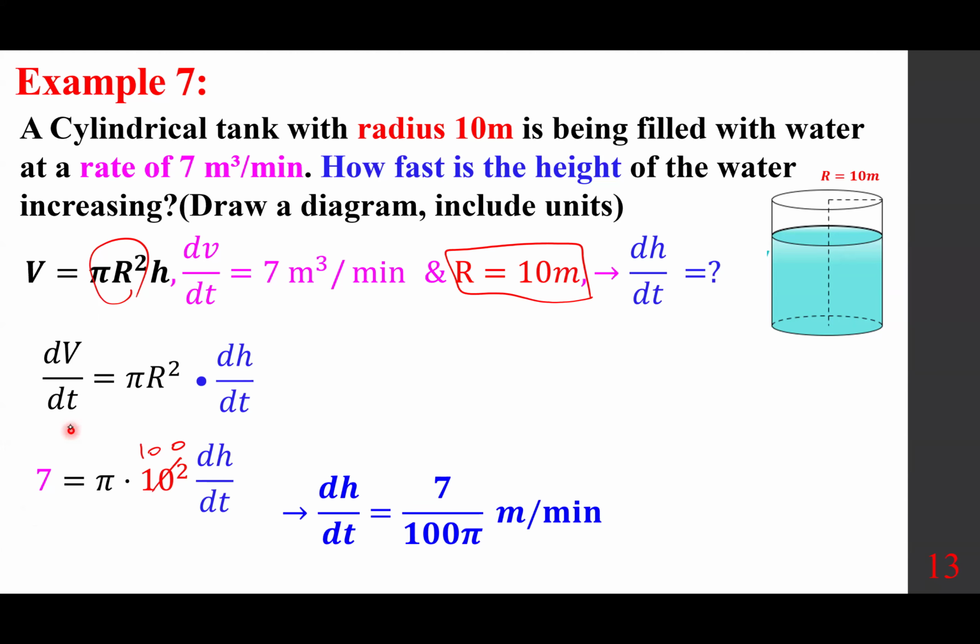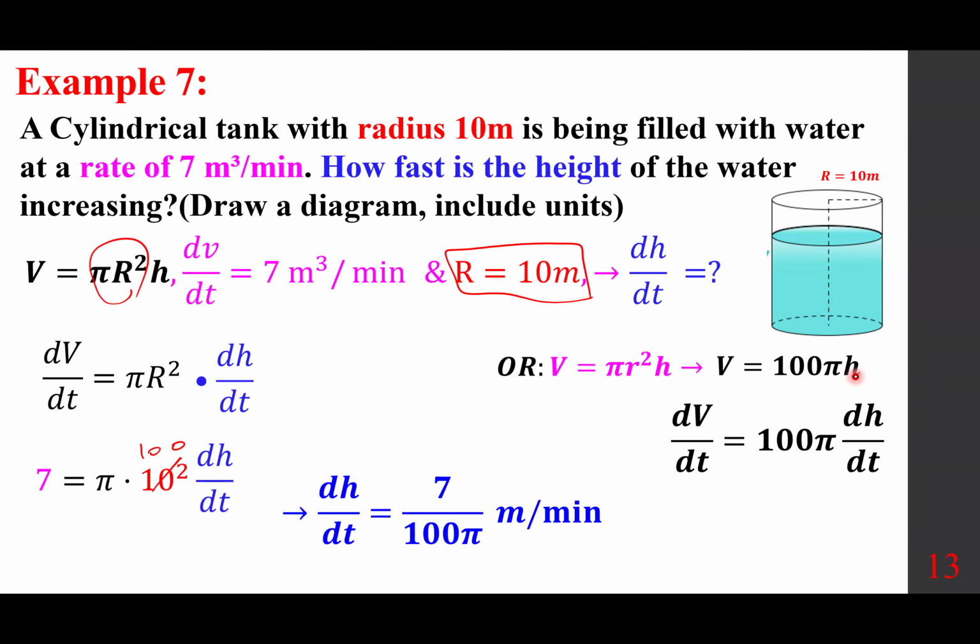Now, we're done with that, but one other way would be right here, before we move on, we change the r to 10 because it's a fixed number. So pi r squared, by the way, capital V, r is replaced with 10, everybody. So 10 squared is 100. So when you differentiate, you get dv dt is 100 pi dh dt.